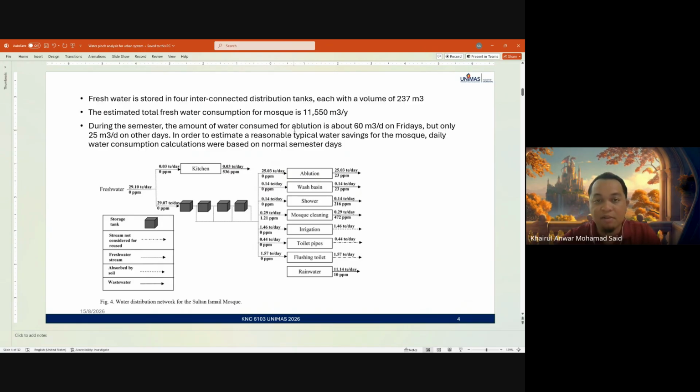The amount of water consumed for ablution is about 60 meter cube per day on Friday because of the Friday prayer, but only 25 meter cube per day on any other day besides Friday. In order to estimate the reasonable typical water saving for the mosque, daily water consumption calculations were based on a normal semester day.